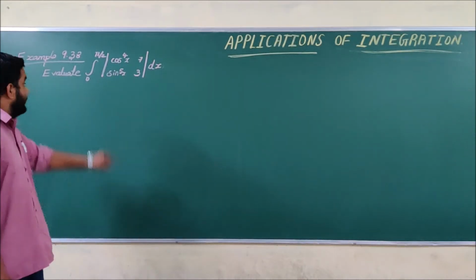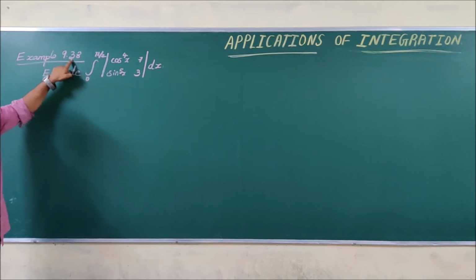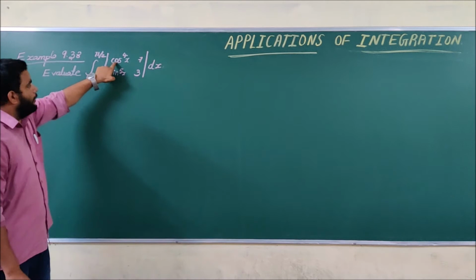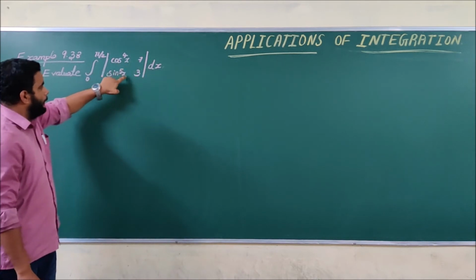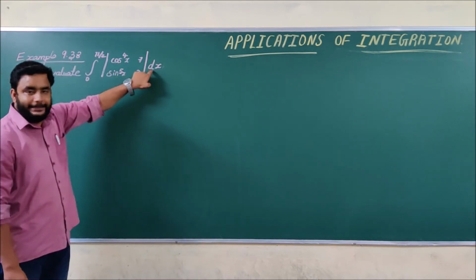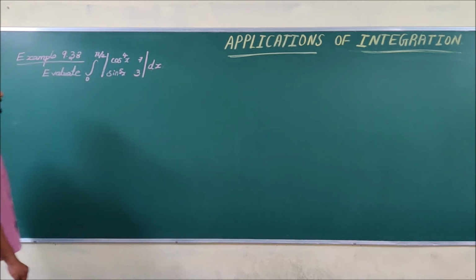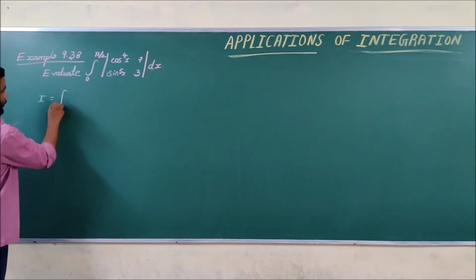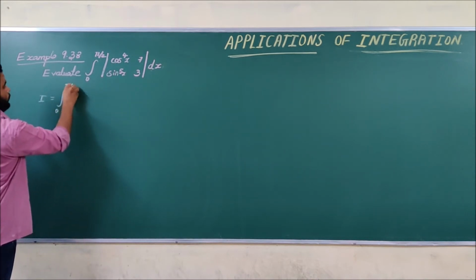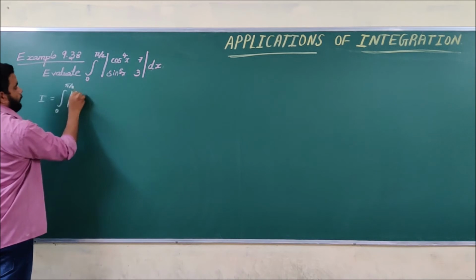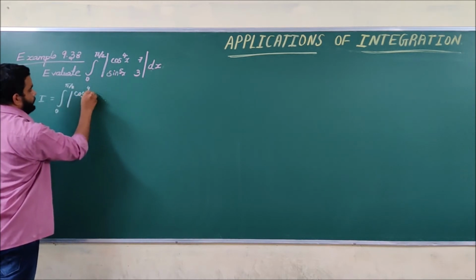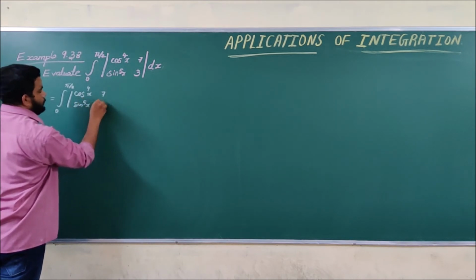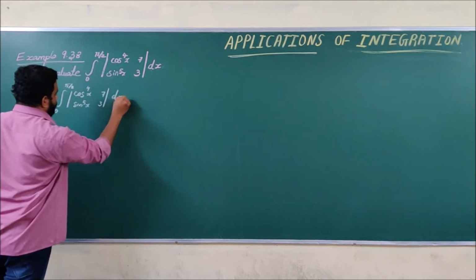The next problem is example 9.38. That is, evaluate the integral from 0 to pi by 2 of the determinant of [cos power 4 x, 7; sin power 5 x, 3] dx. First we take the given integral as I. So I is equal to the integral from 0 to pi by 2 of the determinant of [cos power 4 x, 7; sin power 5 x, 3] dx.